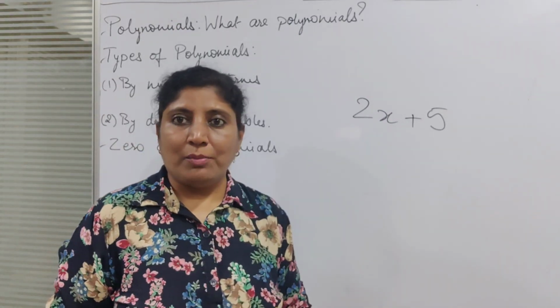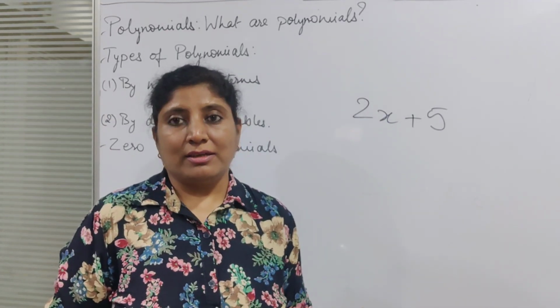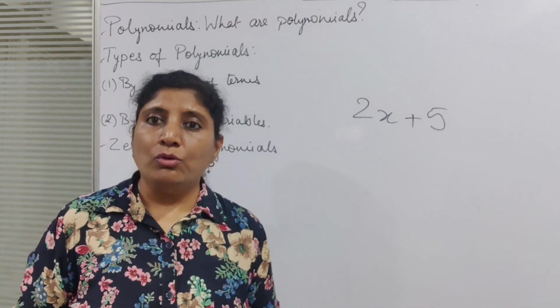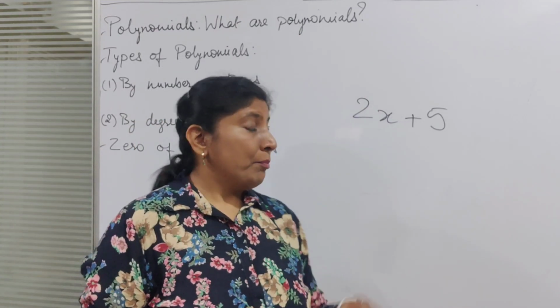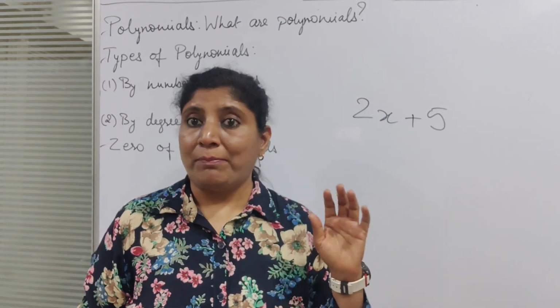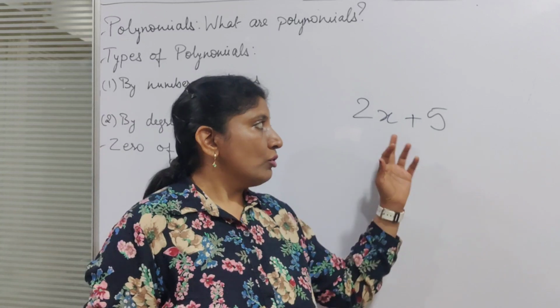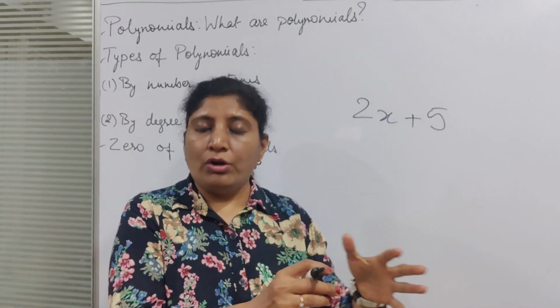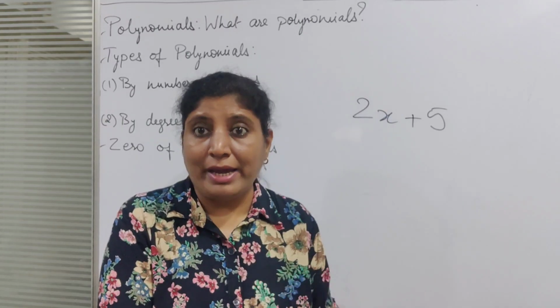Now x is variable. Why it is variable? Because the value of x keeps on changing. The entity whose value changes, whose value varies, is called variable. Basically, it is just a placeholder. Variable is a placeholder. So this placeholder is holding some place and any number can be there at that place.